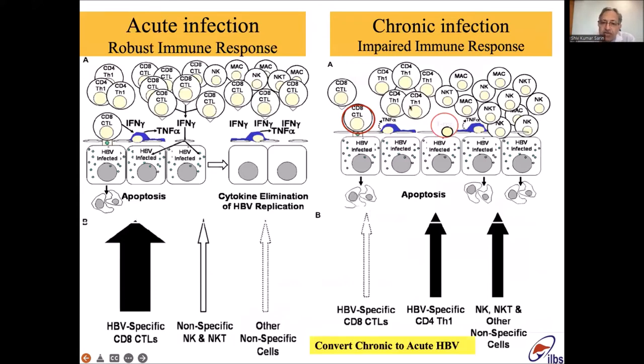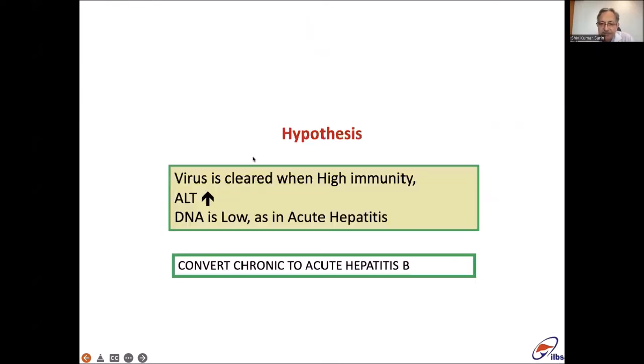So how do I treat my patient? If I make these cells active, CD8 cells are again active and chronic infection becomes acute, I will cure my patient. So the whole theory of treating hepatitis B is to convert chronic into acute hepatitis B. So the virus is cleared when immunity is high.